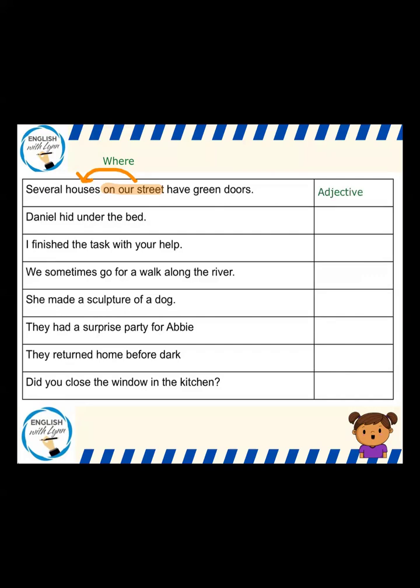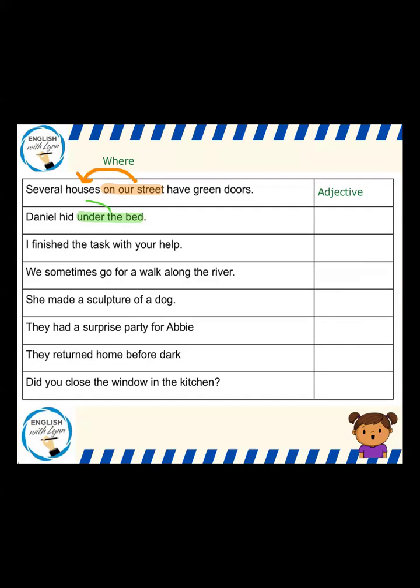My next sentence: Daniel hid under the bed. I'm looking in there for my prepositional phrase, and I have spotted the word "under". So "under the bed" is my prepositional phrase. Looking at my sentence, "under the bed" is linking not to Daniel, but to where he is hiding.